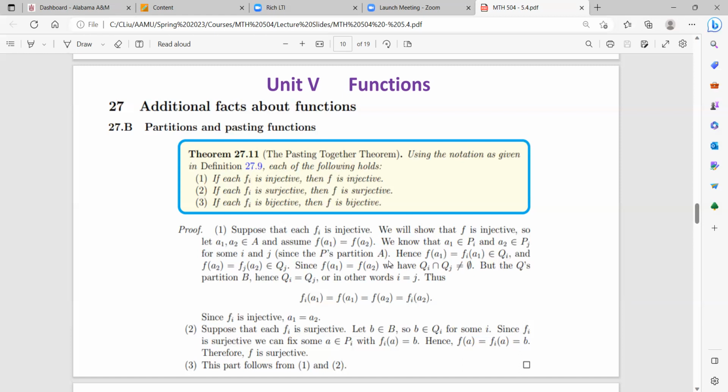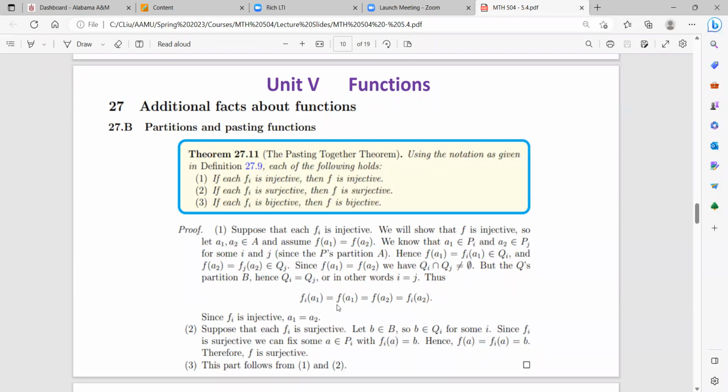But again, the Q's are a partition of B, so if the two subsets Q_i and Q_j of B are disjoint, then they cannot have an intersection. But when they have an intersection, then they must be the same. They must be equal. So then Q_i is just Q_j.